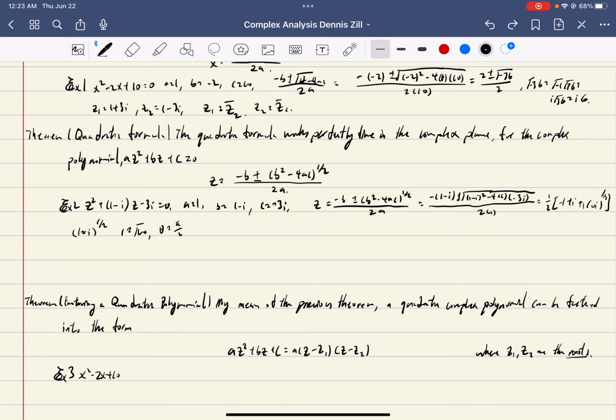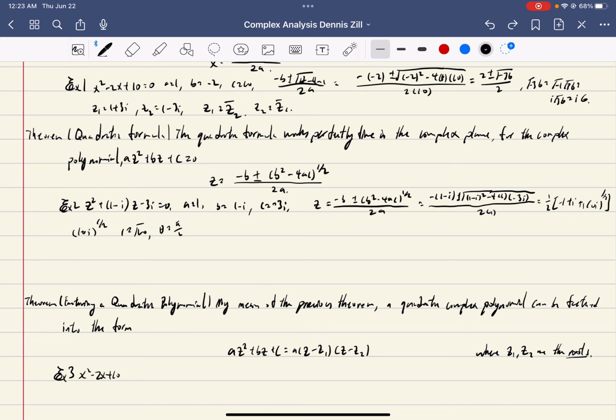So now we want to calculate the root. So how do we calculate the root? When we calculate the root, we have multiple roots, right?